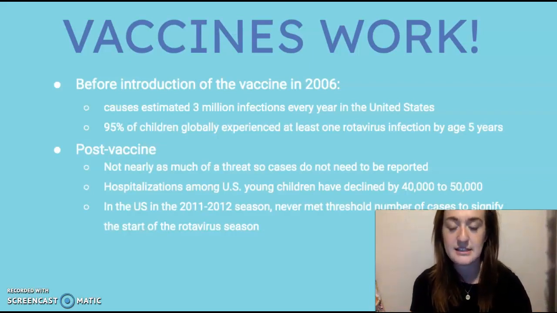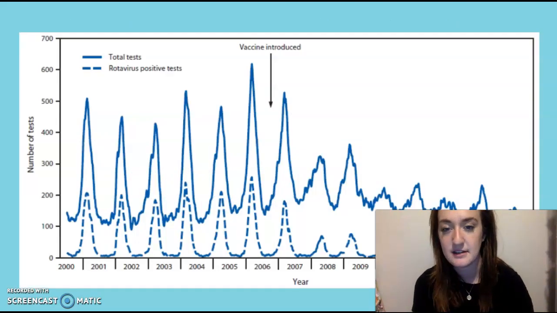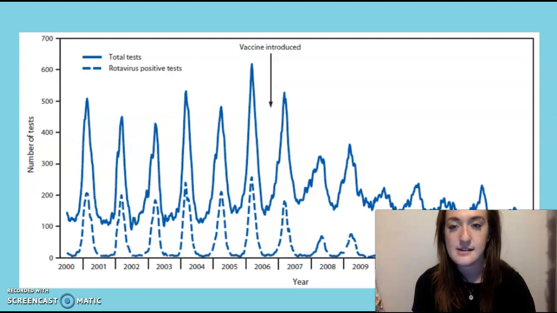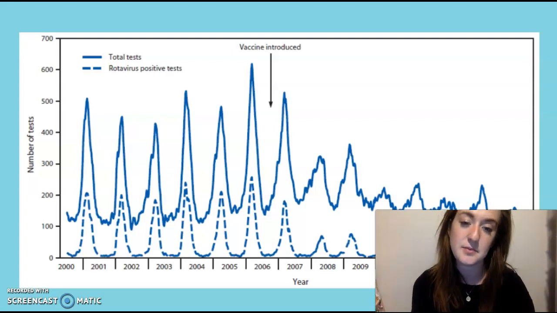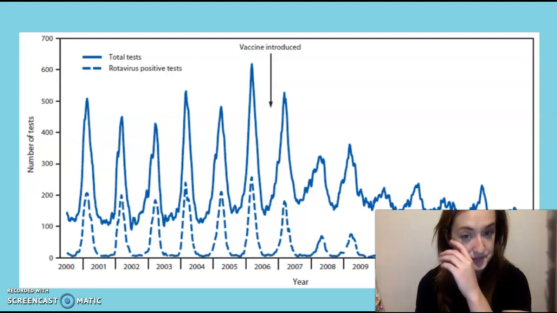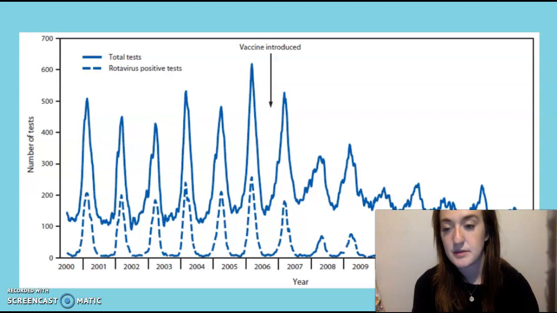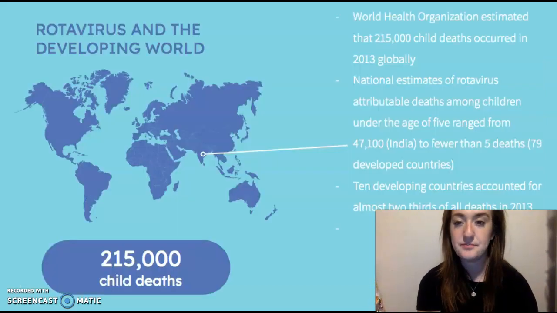And you can actually see that in this picture. It's just been increasingly going down. And you can see that is where the vaccine was introduced. And again, another pretty big dip after the second one, Rotarix, was introduced.